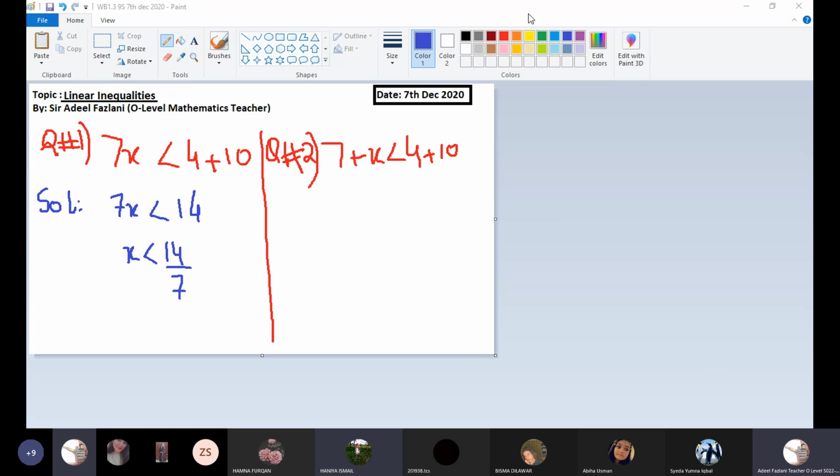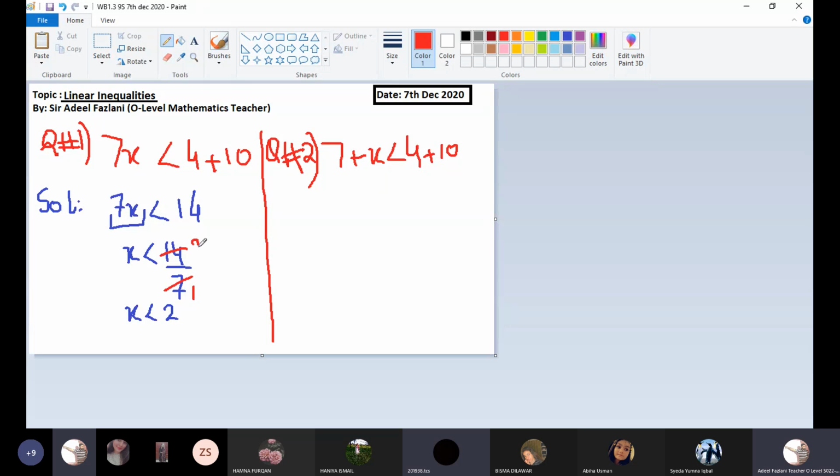Yes, because the value of x is not given and we cannot multiply it by x. Sir, actually, can I tell this? Yes, Neemal. Sir, on the other side of the less than side, we always divide when there's multiplication on the other side of the number.